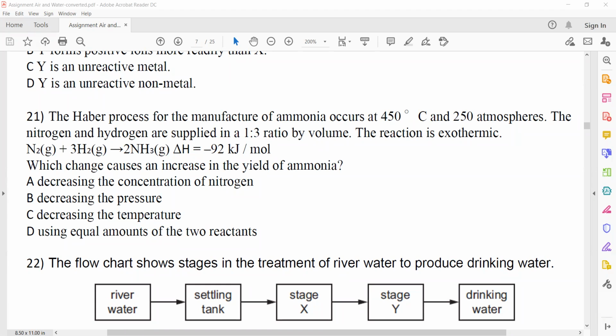Yes, the correct answer is C, because the forward reaction is exothermic. So if we decrease the temperature, we'll get a higher or greater yield of ammonia.